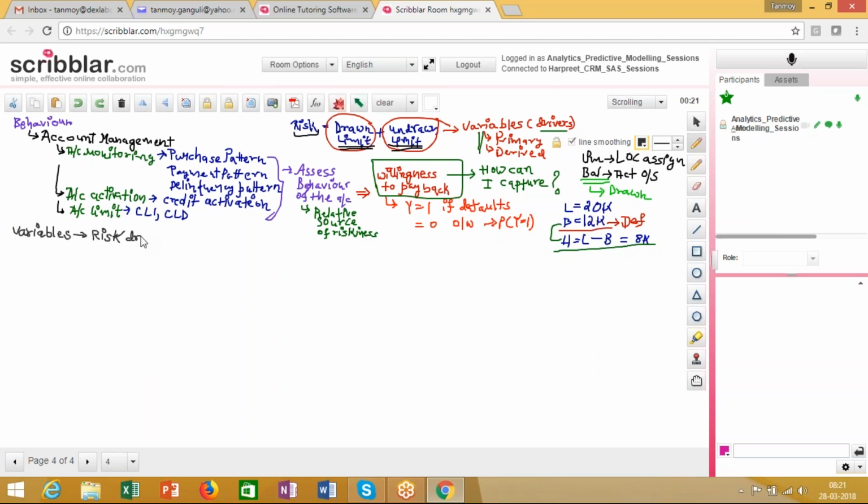Now, what are the different types of variables, what are the primary and derived variables that I am talking about, and how can I relate the concept of a risk driver to the willingness to pay back?